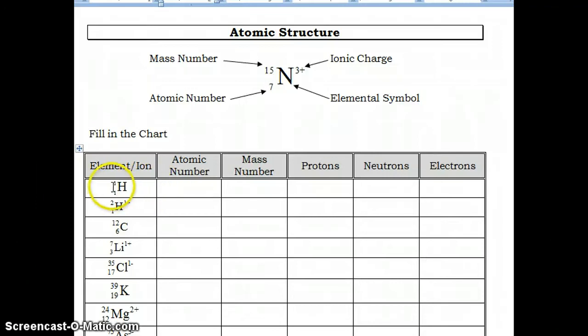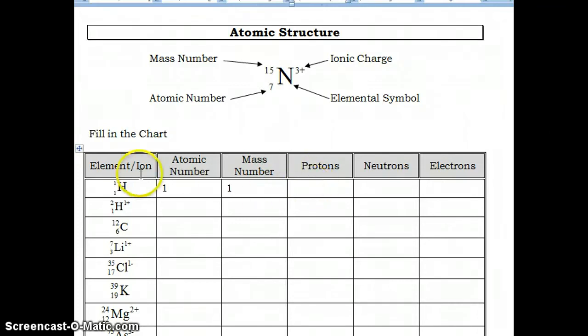I've given you an element, and that element has a mass number of 1. If you look down here at hydrogen, it has a mass number of 1, and it has an atomic number of 1. So we know that the atomic number, which is this number down here, is 1, and the mass number is also 1.